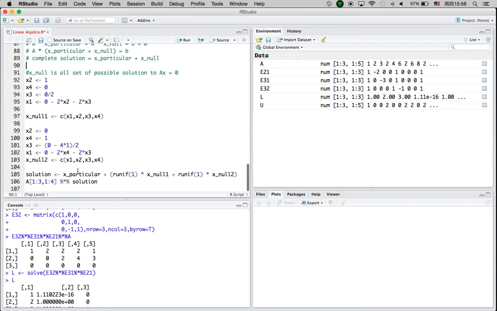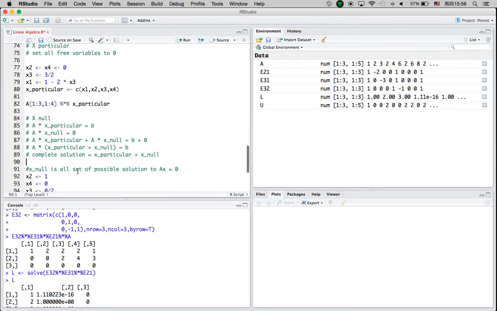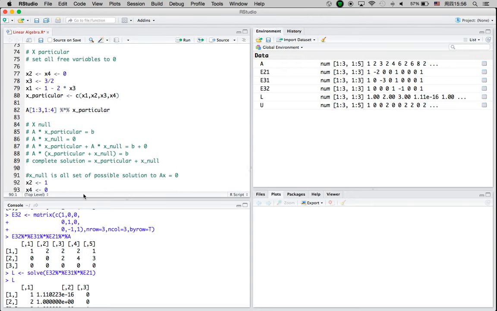So by calculating x particular, we set all the free variables to 0. So we put x2 and x4 to 0. So 2x3 is equal to 3, so x3 is equal to 3 divided by 2, 1.5.